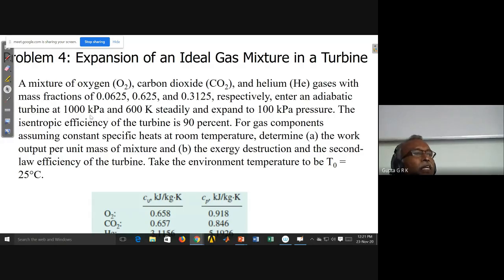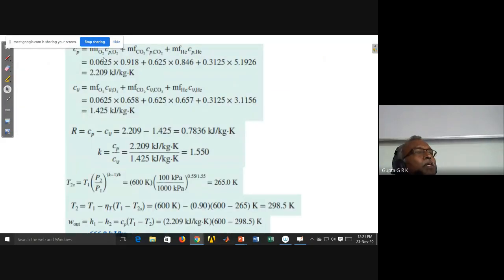So once I get T2 and T1, we know that mCp dT, that is change in enthalpy, will give me the work. Okay, that's what we are going to do. So Cp of the mixture, for all the three components, we know the mass fractions. We know the Cp of each individual component. I can find out Cp, and Cv of the mixture also I can find out.